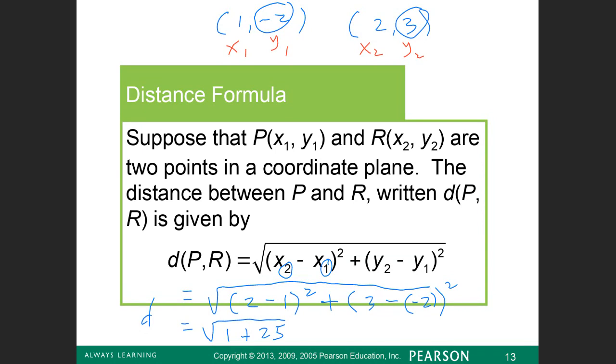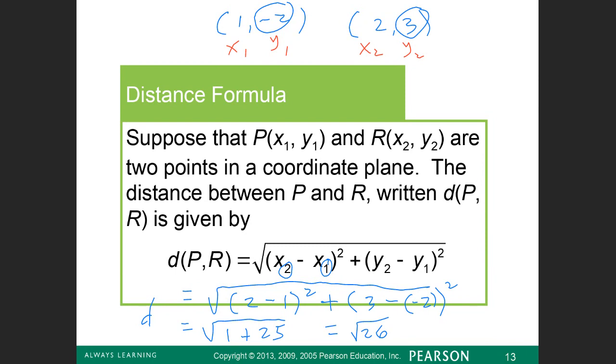So your distance is just radical 26. 26 doesn't have an exact square root because 26 is not a perfect square. So perfect square would be 25. That's the nearest one. But 26, you can think about the factors of 26.